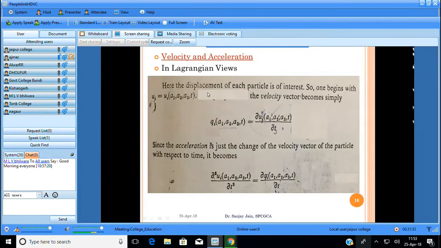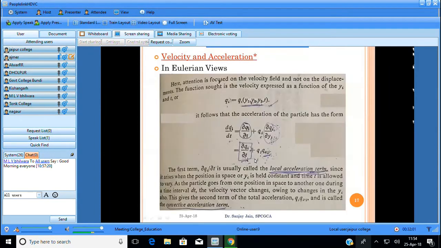So this denotes velocity and acceleration in the Lagrangian viewpoint, which is used in our next derivation. How does it change in the Eulerian description? That is important.